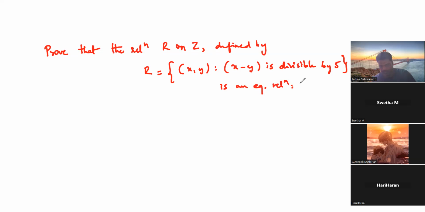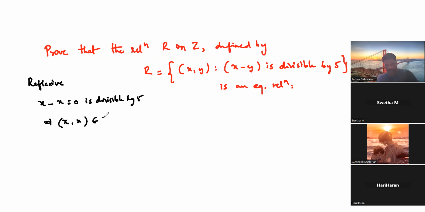What shall we do? First taking reflexive. What will happen? x minus x is equal to 0, and 0 is divisible by 5. Therefore, I can say x, x belongs to R for all x belongs to Z. Reflexive is done. Next, moving to symmetric.